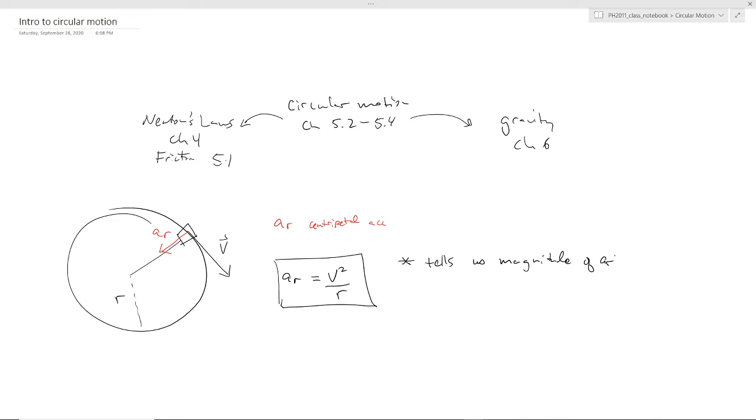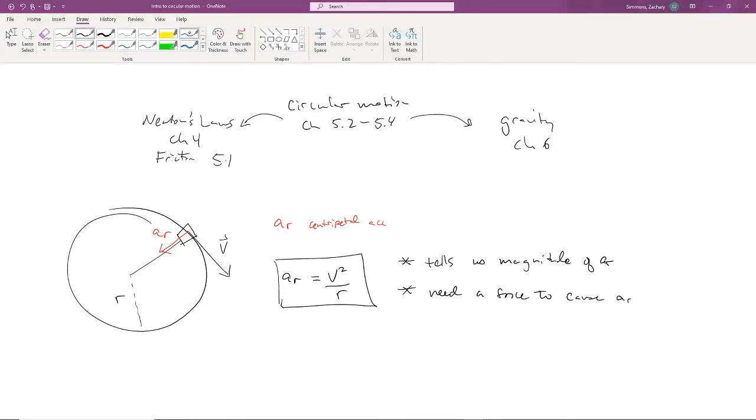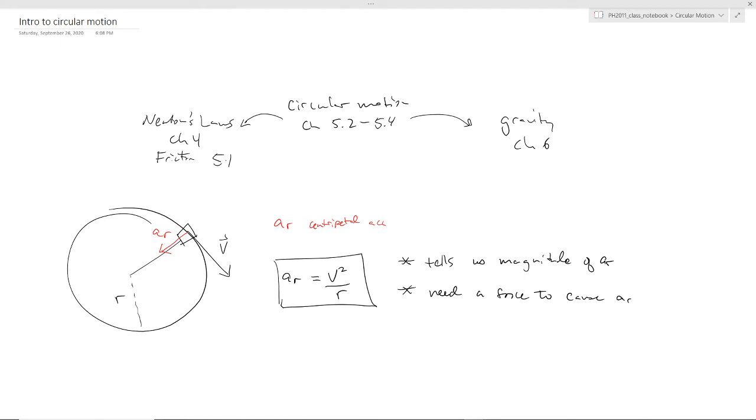And as you know, the cause of an acceleration is a force. So you need some force to cause a_r. So I'll put it in our picture in a different color.